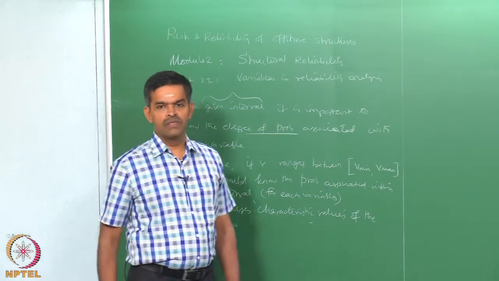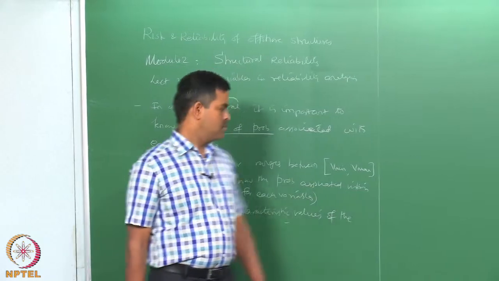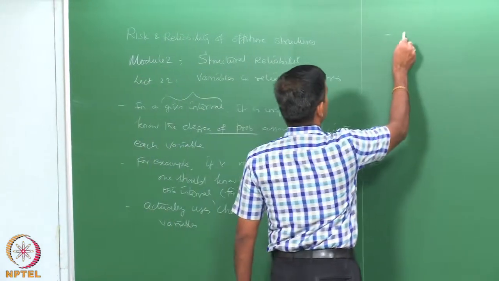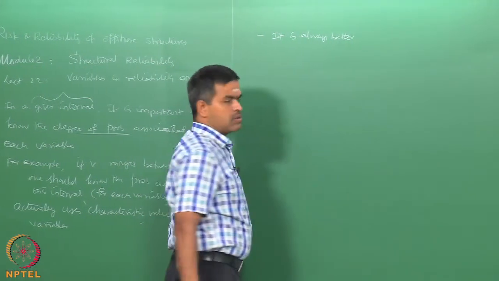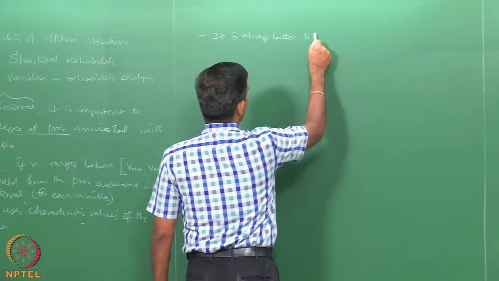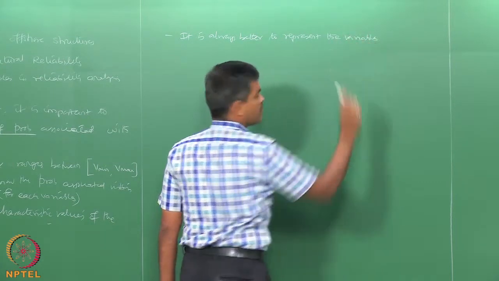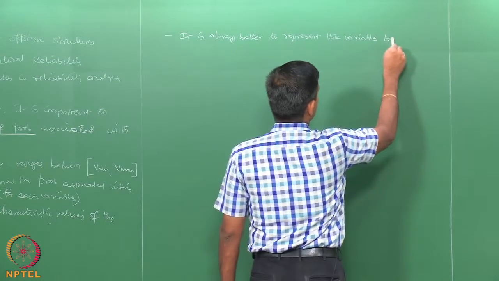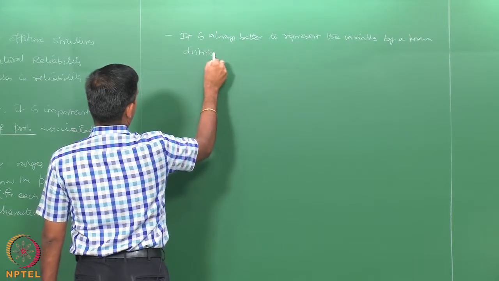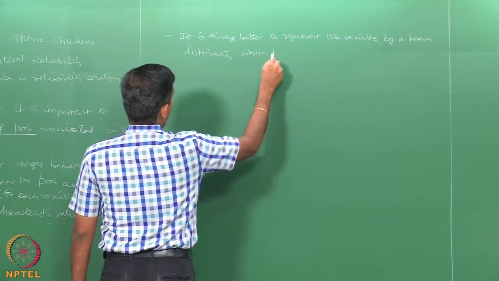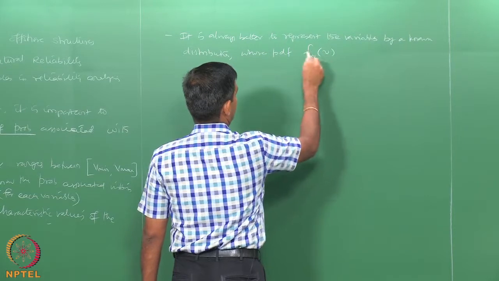In more appropriate terms, it is better to represent the variable by a known distribution with a density function, whose probability density function can be, let us say, f v of v.